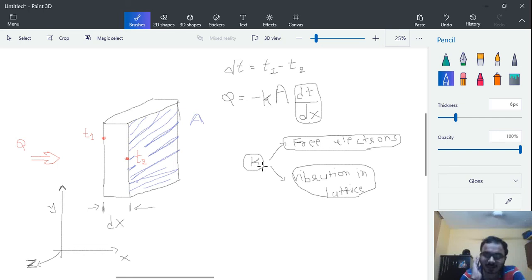Now in case of metals, free electrons are dominating, so the thermal conductivity is due to the free electrons. And in case of fluids, vibrations in the lattice are dominating over the free electrons, so this portion is more in case of fluids. So thermal conductivity in fluid is due to the vibrational waves in the lattice.